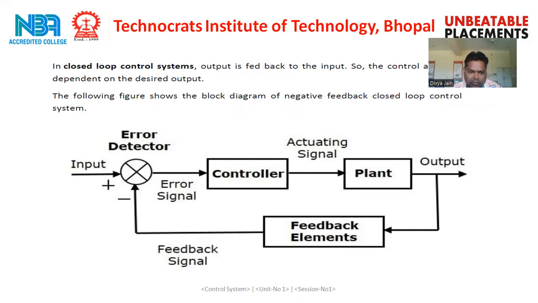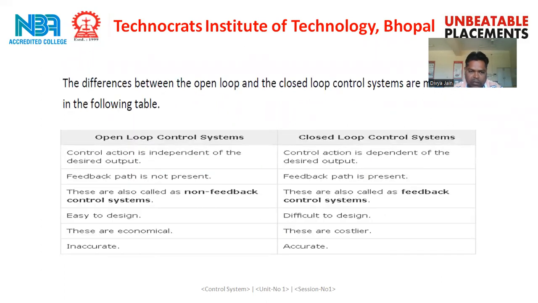In this diagram, we apply the input and get the error signal, and the controller minimizes this error signal and gives the actuating signal. This actuating signal passes through the plant, and we get the actual output. This is the basic difference between the open loop and closed loop control systems.